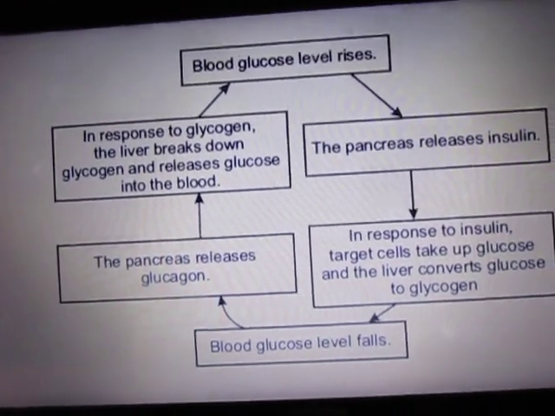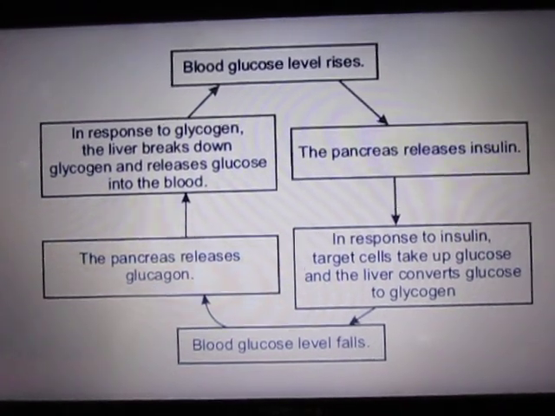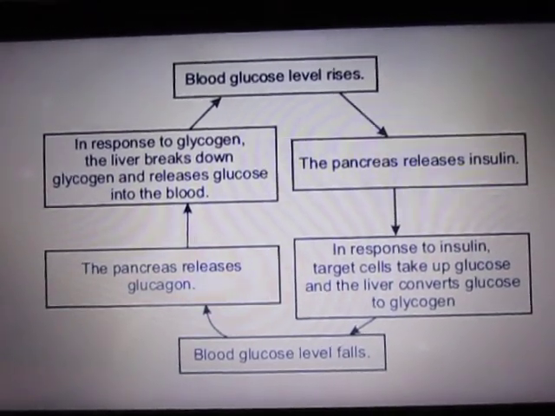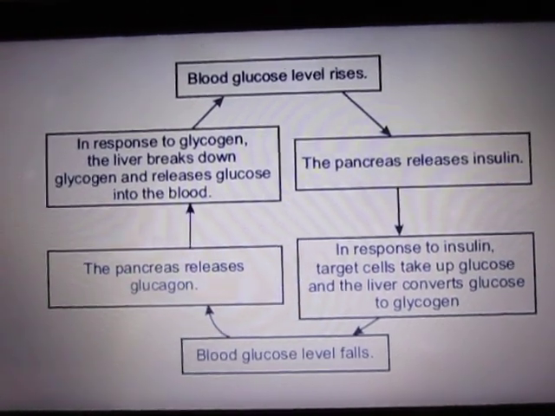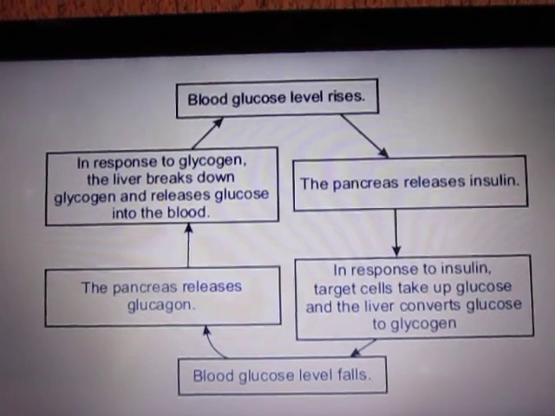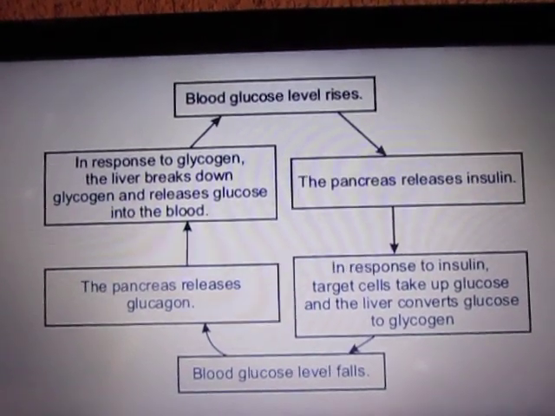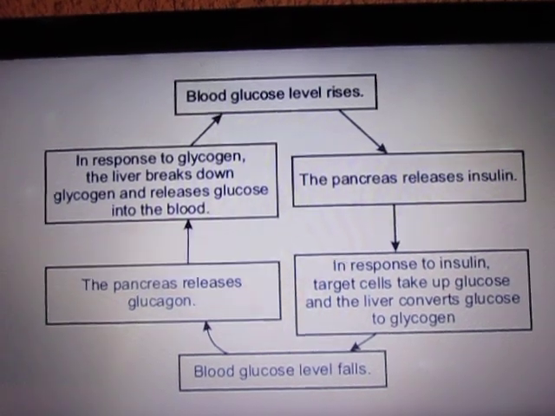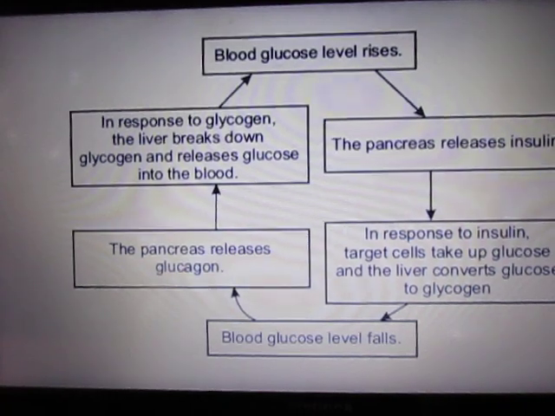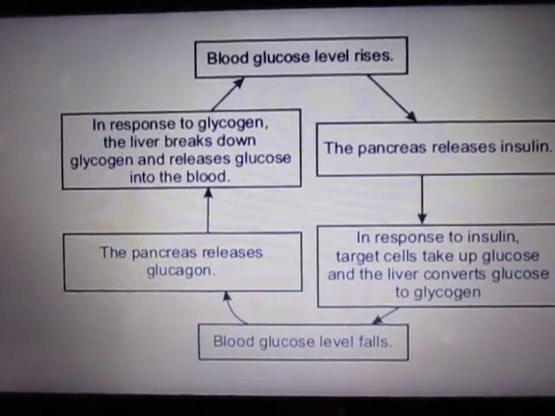By that time, the pancreas will detect that the blood has less glucose. It will release glucagon, and the glucagon will act on the glycogen to break it down in order to release more glucose. The amount of glucose will increase again in the bloodstream. So it is a kind of cycle.